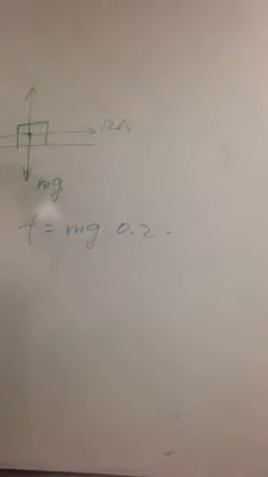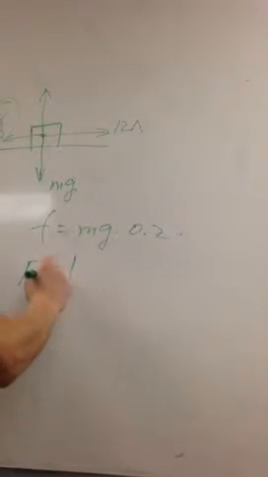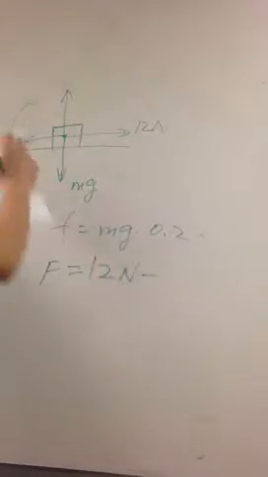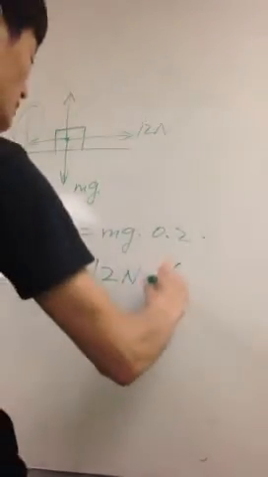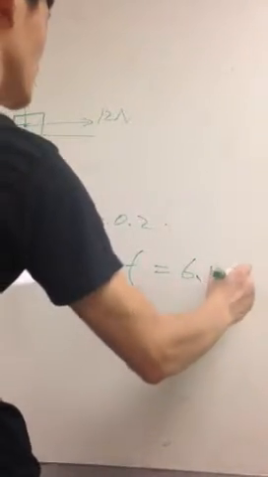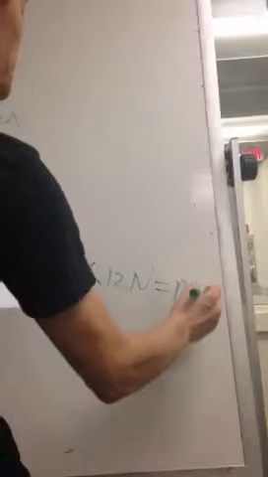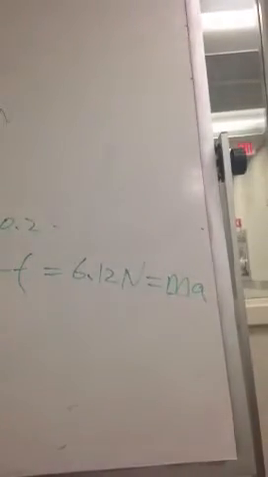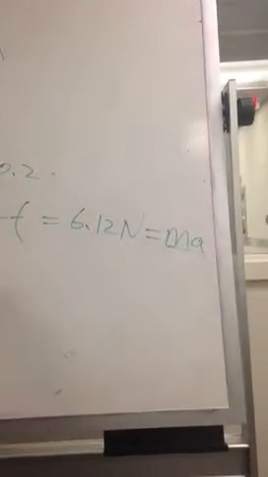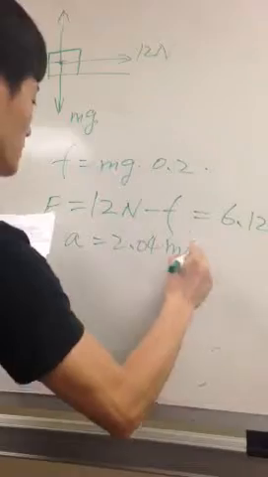You need to calculate the resultant force, right? Which is 12 Newton minus this friction. And this one, if you calculate, is 6.12 Newton, which is equal to ma, causing the acceleration. And a is equal to 2.04 meter per second squared.